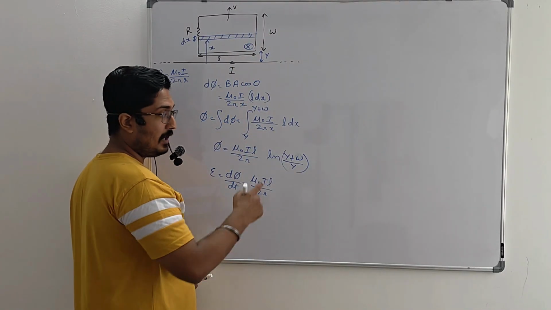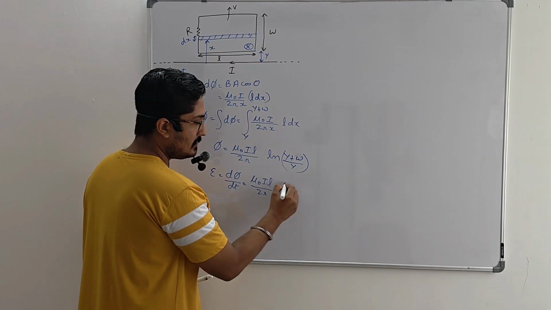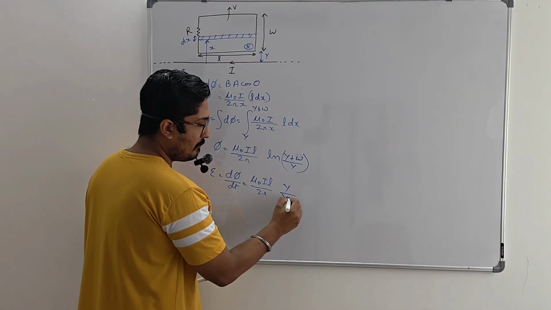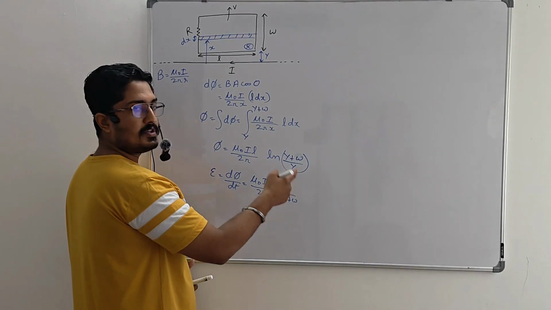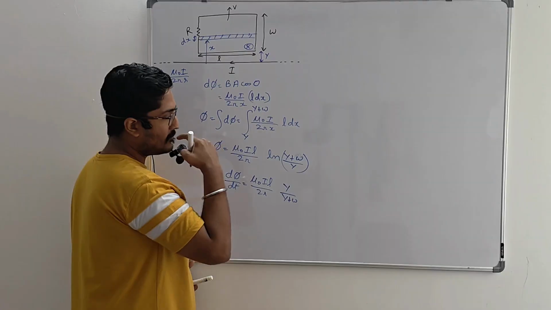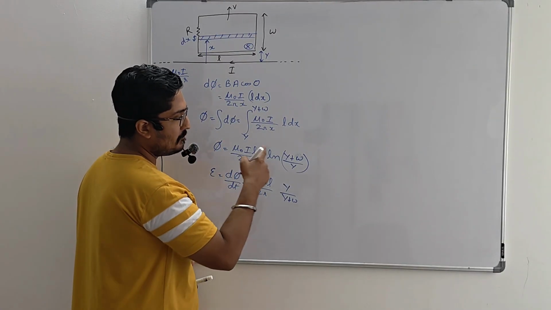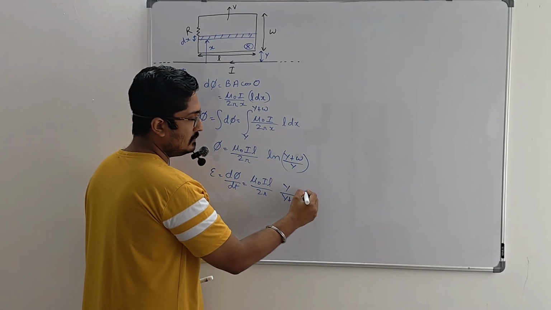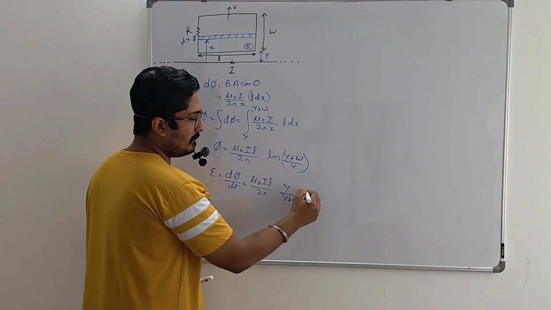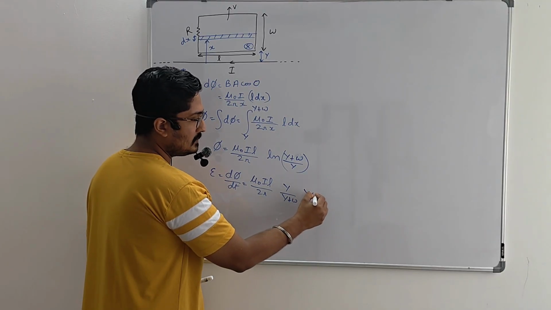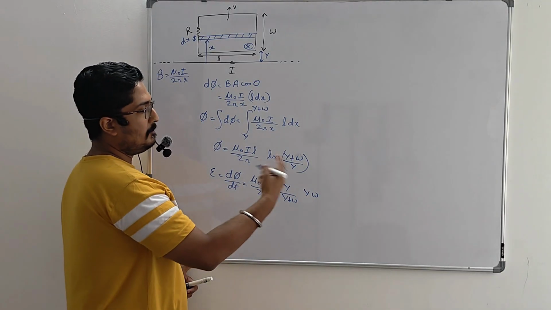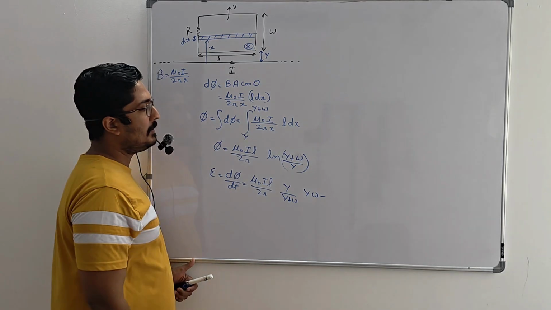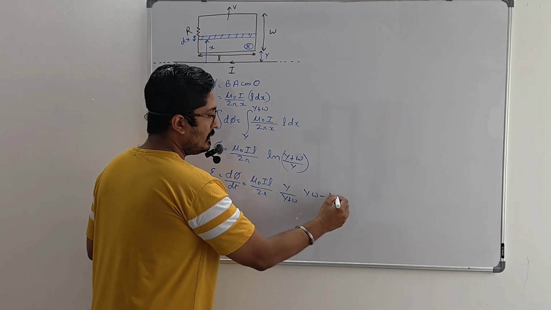So when I differentiate this, I'll get y divided by y plus w, and then differentiating the numerator and the denominator part.